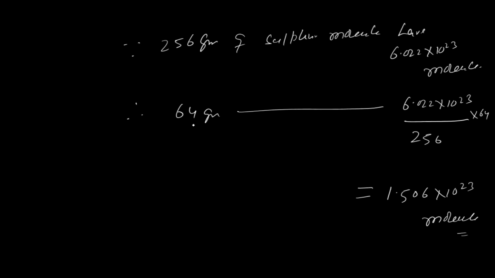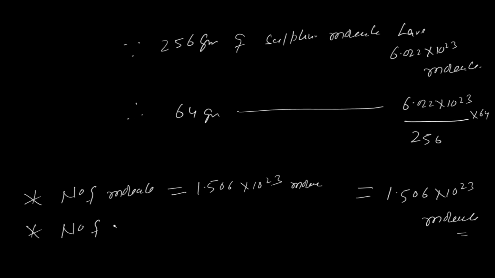So this is the number of molecules. The number of molecules you will get is 1.506 into 10 power 23. So the number of atoms is equal to 1.506 into 10 power 23, and how many atoms are present in the acid? It is 8.